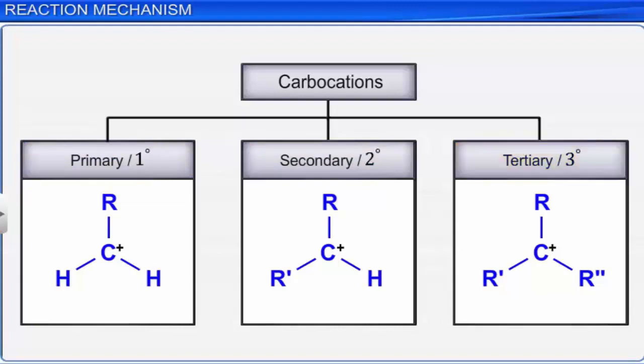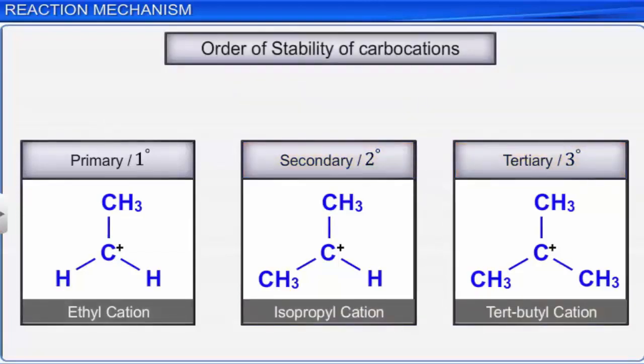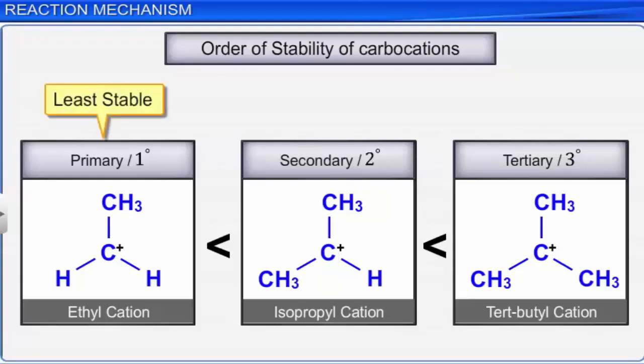For example, ethyl cation is a primary carbocation, while isopropyl carbocation and tert-butyl carbocations are secondary and tertiary carbocations respectively. Stability of the carbocations increases with increase in number of alkyl groups bonded to the carbocation. Hence, primary carbocations are highly unstable, while tertiary carbocations are the most stable.